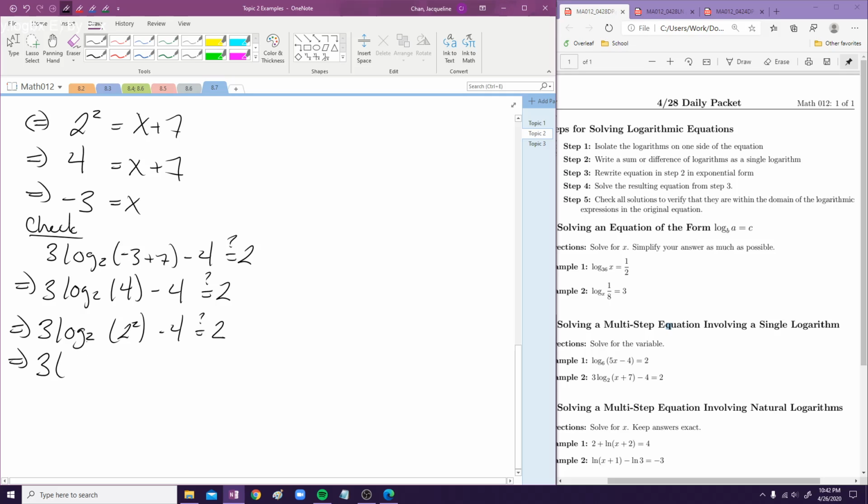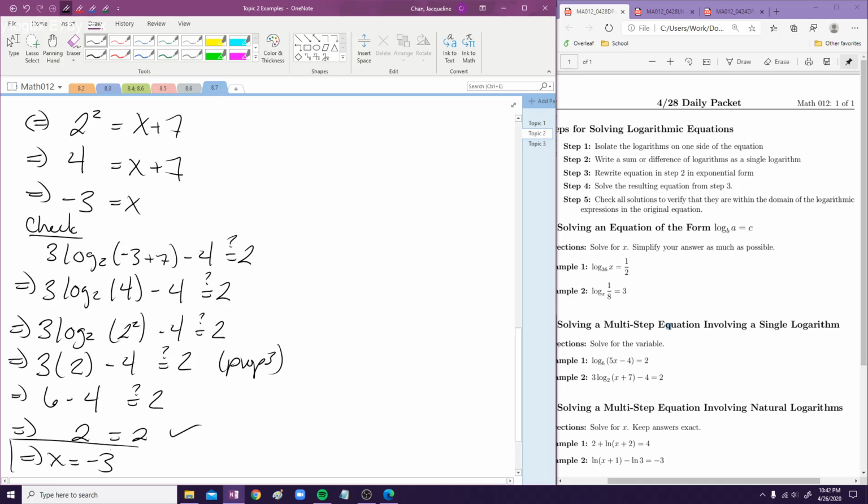So log base 2 of 2 squared becomes 2. This was property 3. And then we get 6 minus 4. Is this equal to 2? And what do you know? 6 minus 4 is 2. So this is equal to 2. That means that x is equal to negative 3. And that is all.